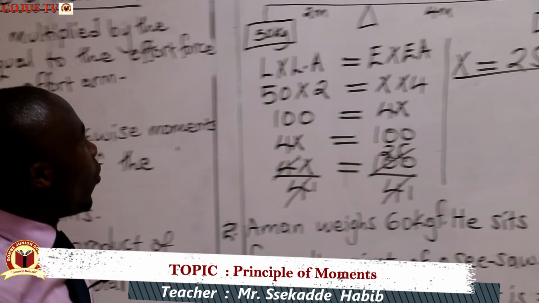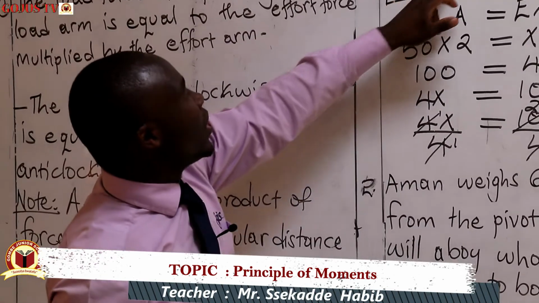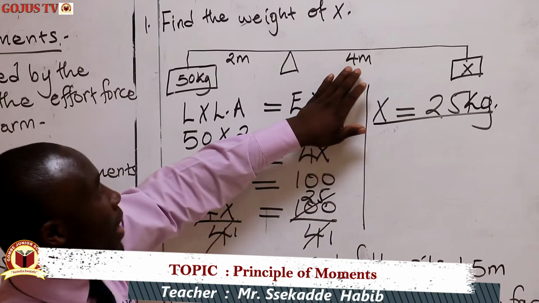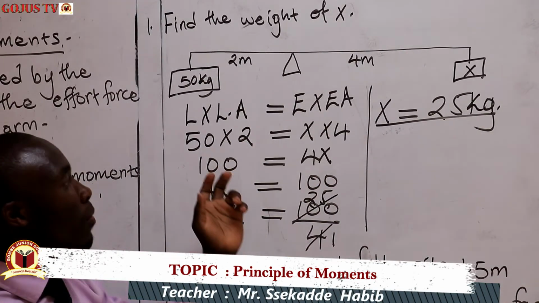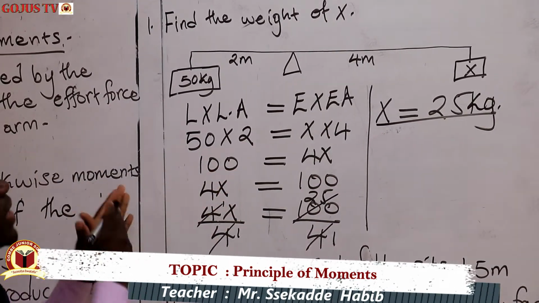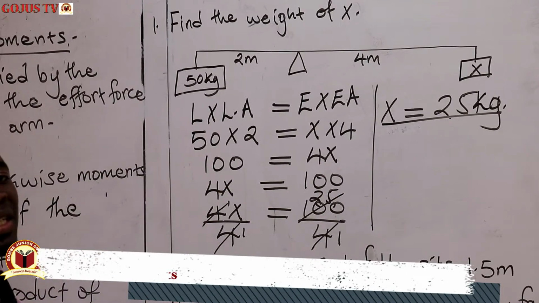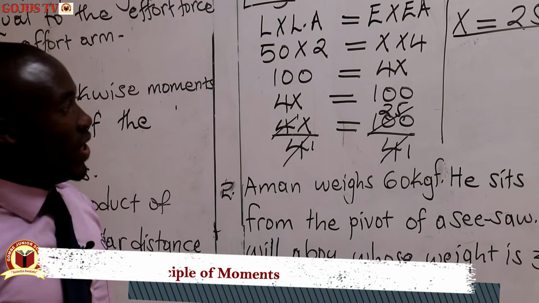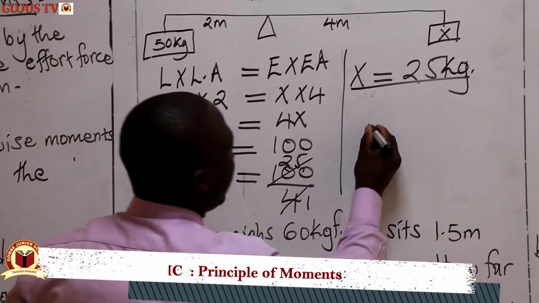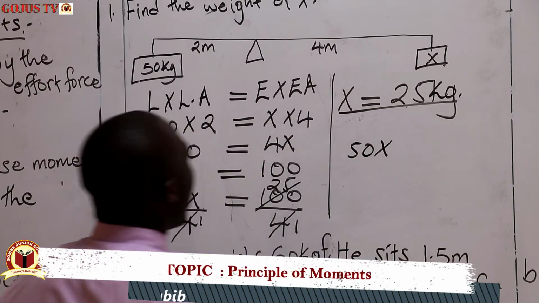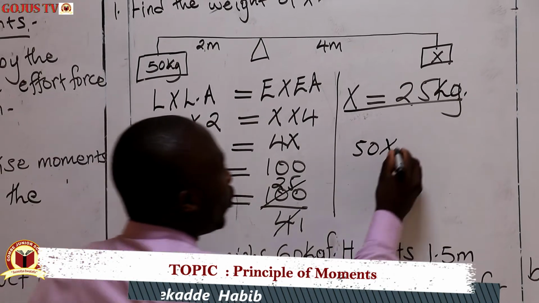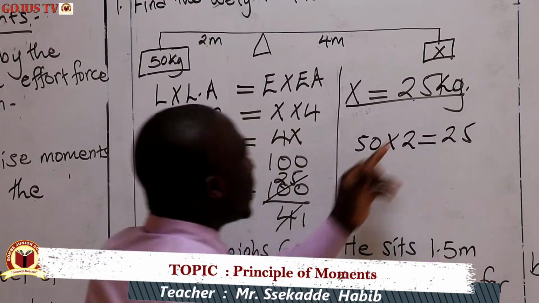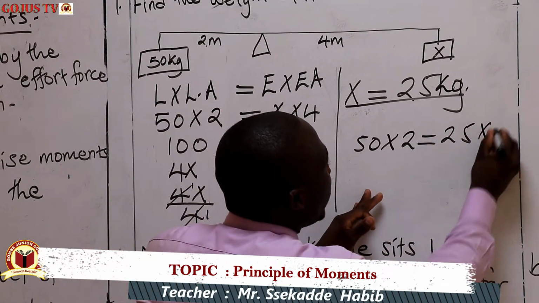Meaning that when we get this force multiplied by this arm, and then get this force and multiply it by this arm, we shall get equal answers on either side of the lever. We can prove it: 50 times 2 should be equal to our answer, 25 times 4.